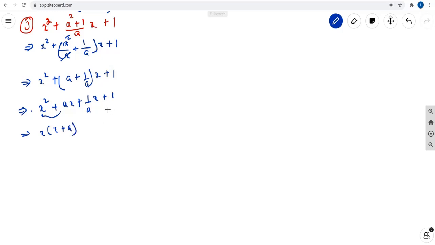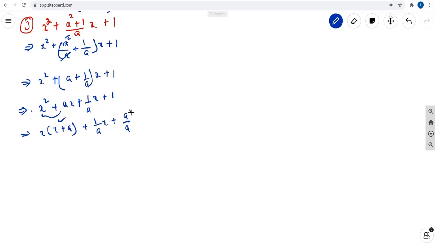No, I cannot take anything common here. So what will I do? I can rewrite that 1 as a divided by a. I write this term as it is, but 1 I write as a divided by a, because I want the value in terms of x plus a so that I can take common.